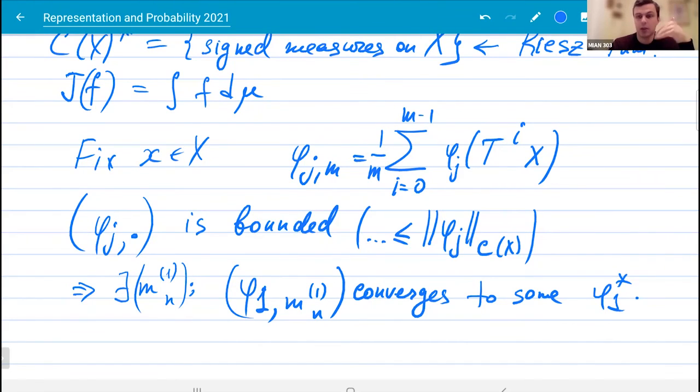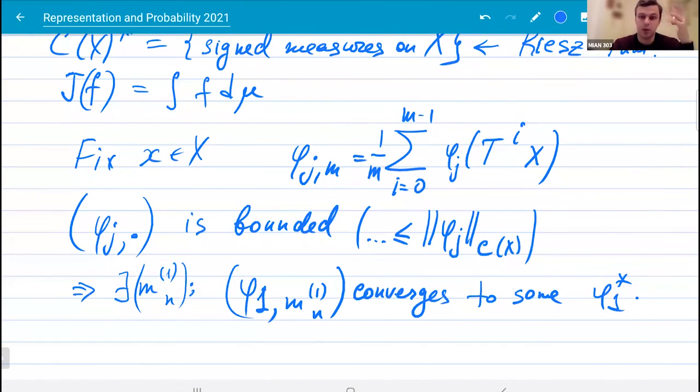Then we can take some subsequence such that for phi 3 we have also convergence, and so on. Then we take the diagonal in this construction. Let me skip the precise definition. I guess the general construction is clear: if you have such subsequent convergence, then you can take the diagonal.